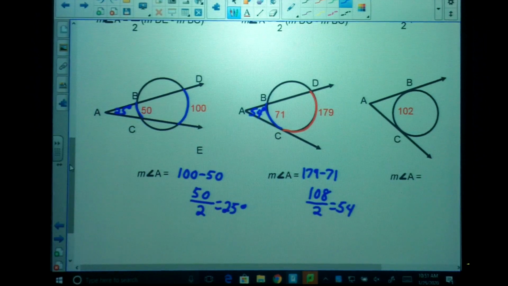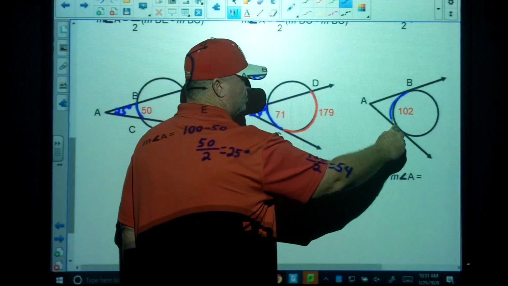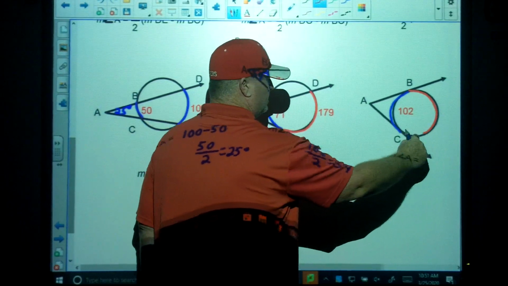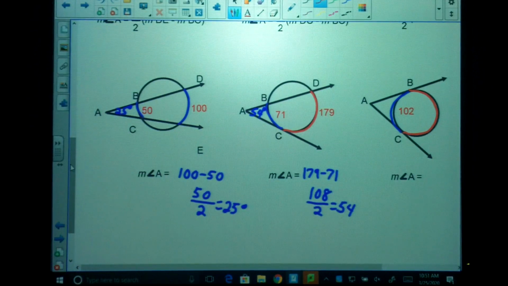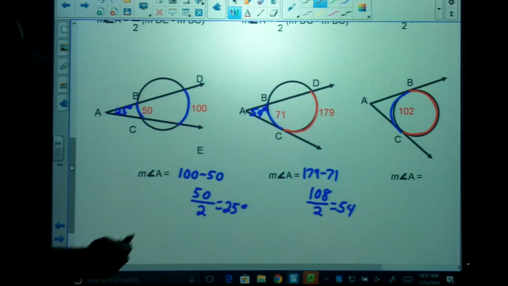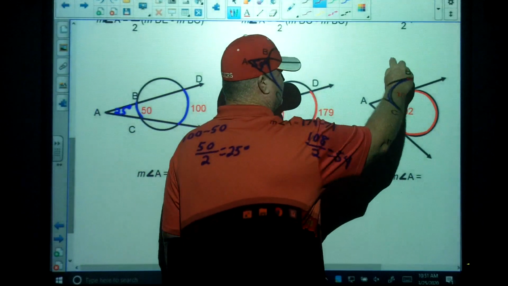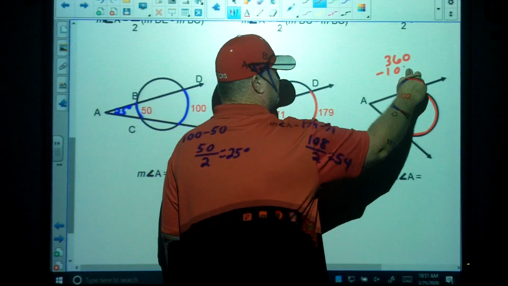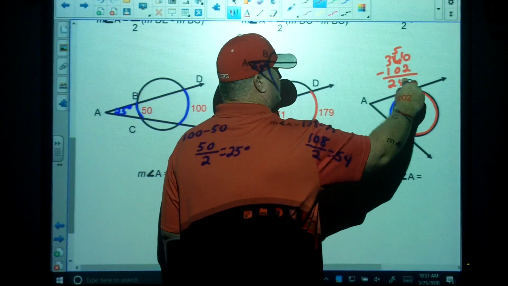When you have the two tangents, our two intercepted arcs are going to be the 102 and the rest of the circle. Now on this one, remember, a circle is 360 degrees, and both of the intercepted arcs in this case are going to add up to 360 because it includes the entire circle. So the first thing that we have to do is find this intercepted arc. So we take the 360, subtract 102, and you would get 258.